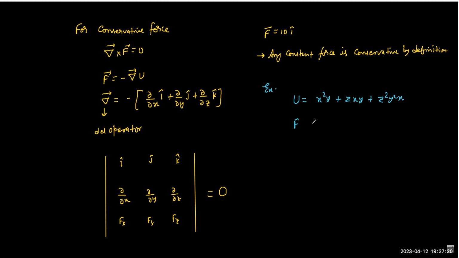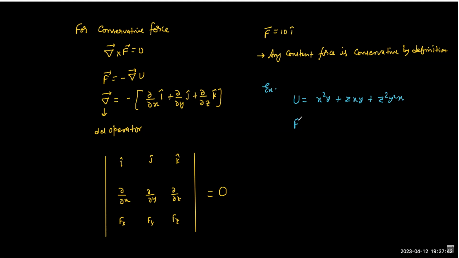The moment you see potential dependent on only one variable x, it is a one-dimensional force. If it is two-dimensional, three-dimensional, the force you may get is one, two or three-dimensional.